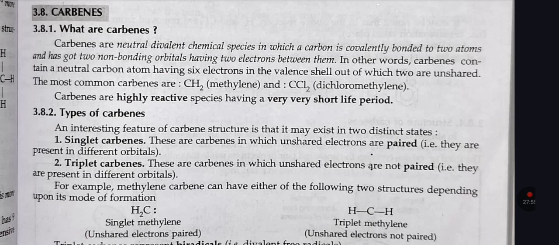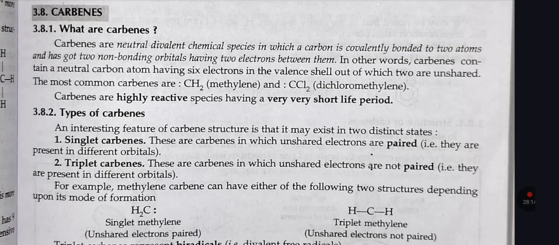The most common carbenes are CH2 methylene and CCl2 dichloromethylene. Carbenes are highly reactive species having a very short lived period.